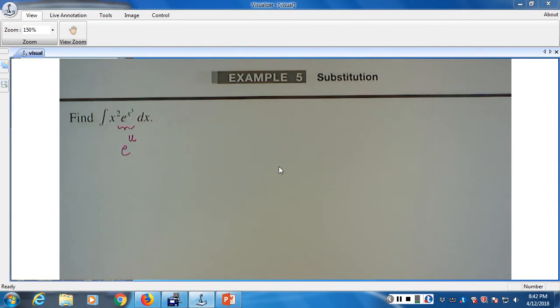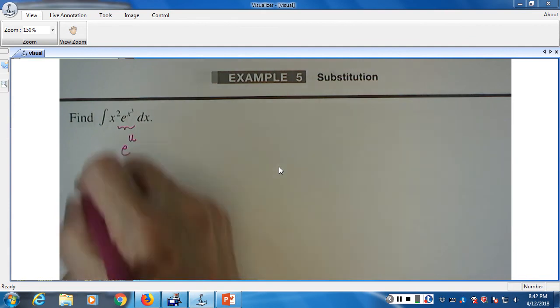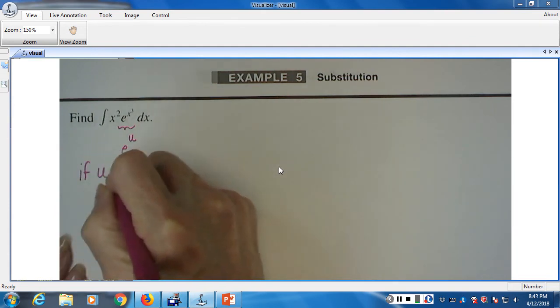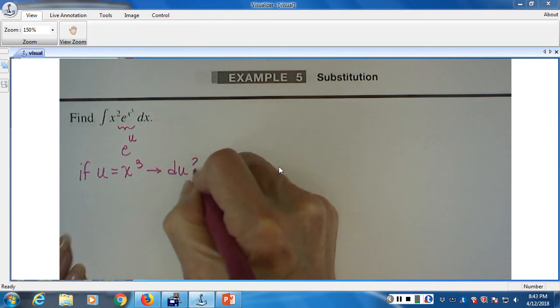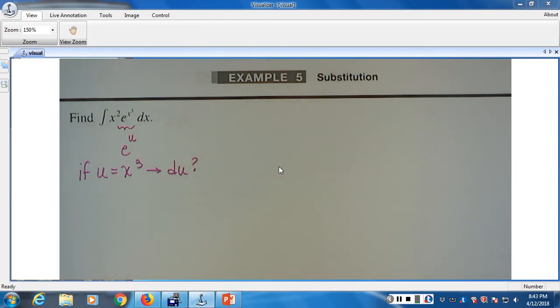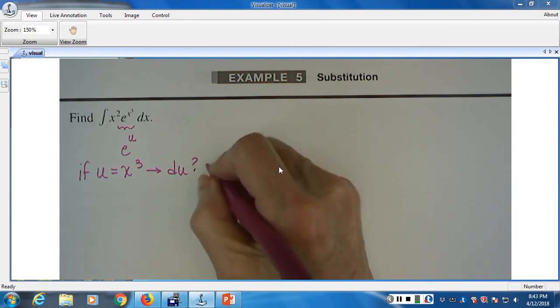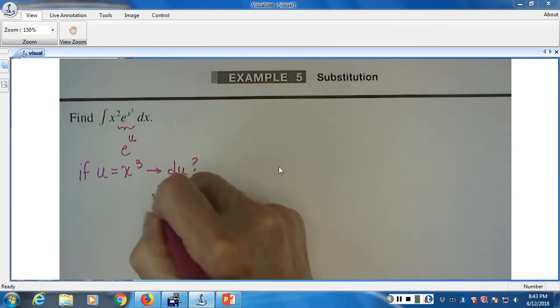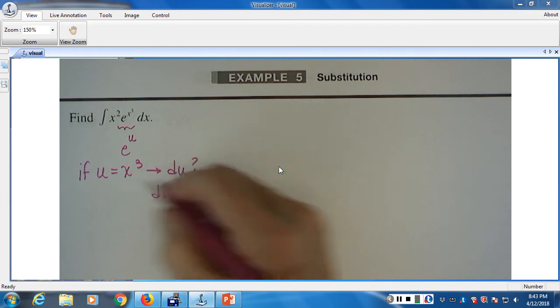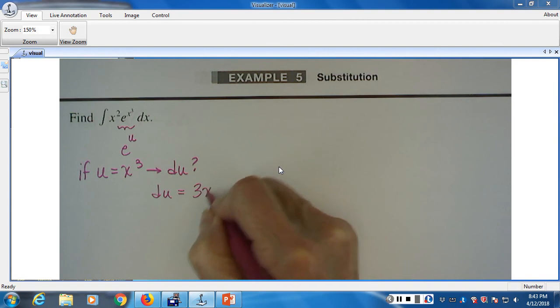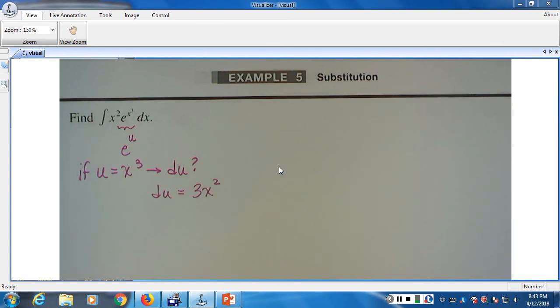So if u is the x cubed, then what is du? Bring the 3 down in front, and it'd be 3x squared. Okay? Do we have 3x squared?